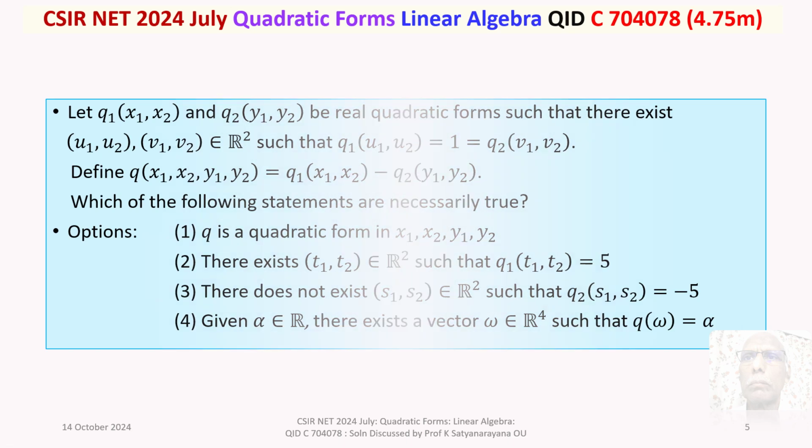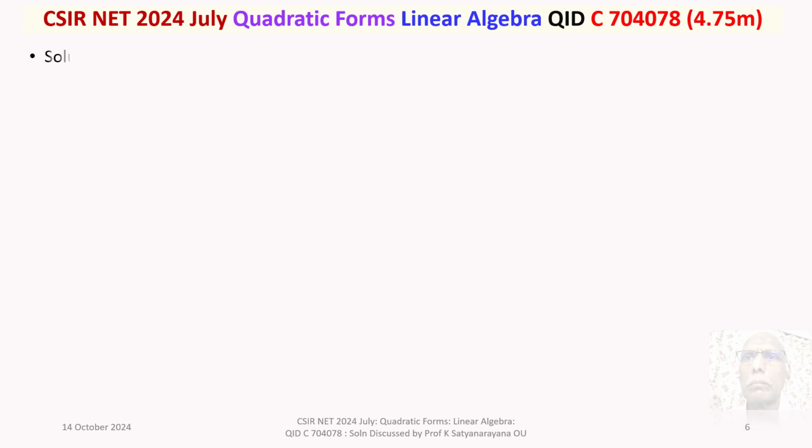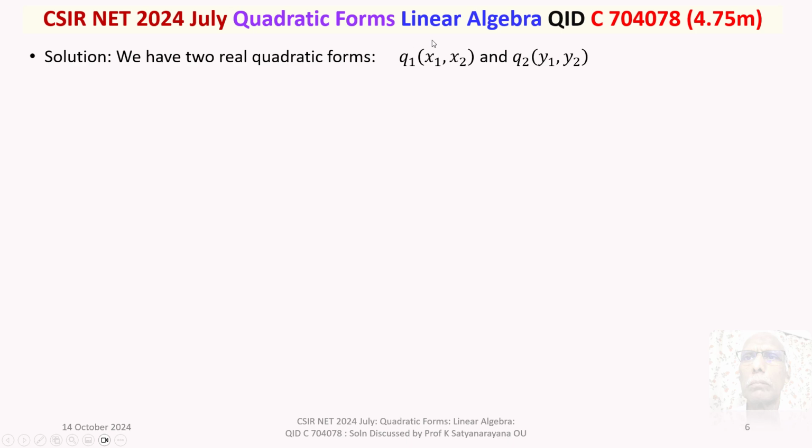Let us now discuss the solution of the problem in detail. We have two real quadratic forms, Q1 of (x1, x2) and Q2 of (y1, y2).